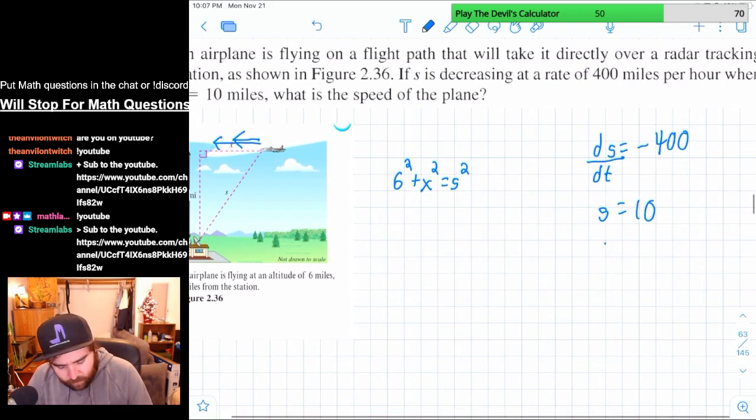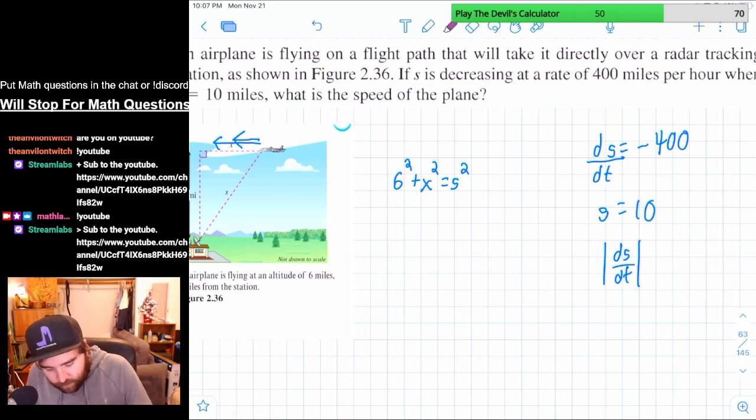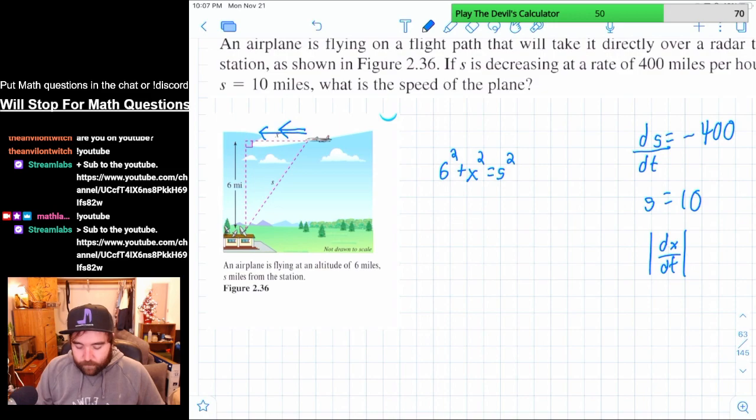So what we actually want is the absolute value of dx/dt, just to remind us to take the absolute value at the end. But that's not going to come into play when we actually do it. Except, wait, it's not ds/dt, it's dx/dt, right, because that's the horizontal portion of it.